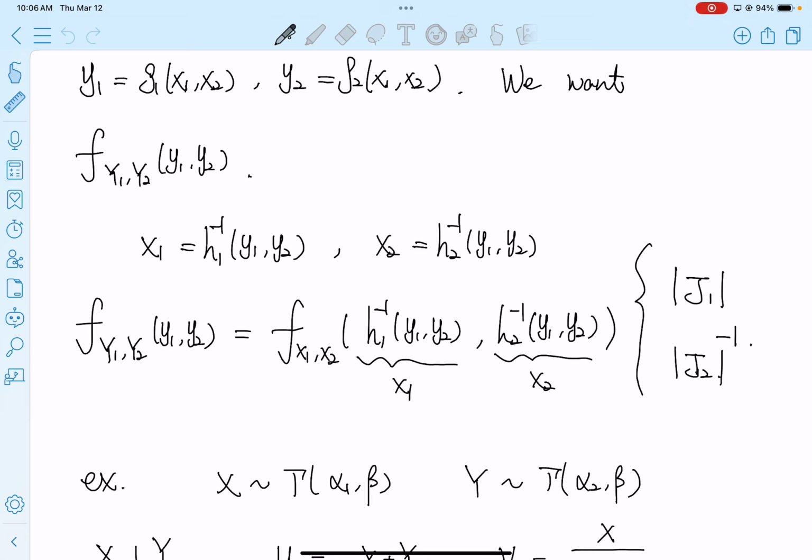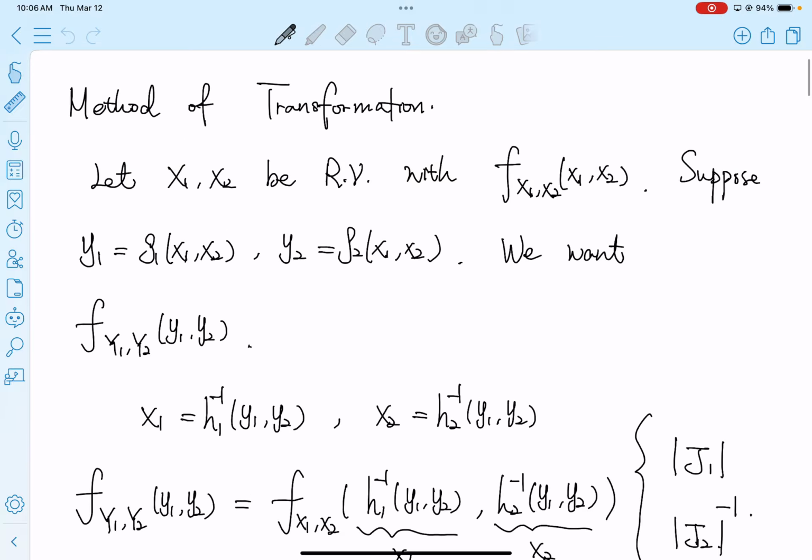So, again, let me see if I can. Let me use the example in practice midterm 2 again.